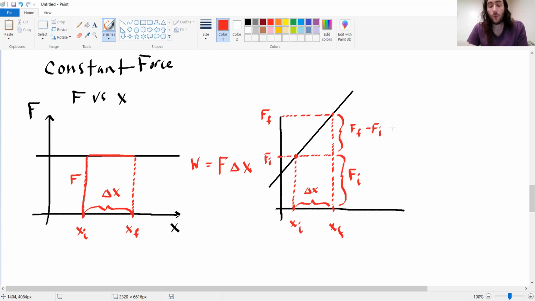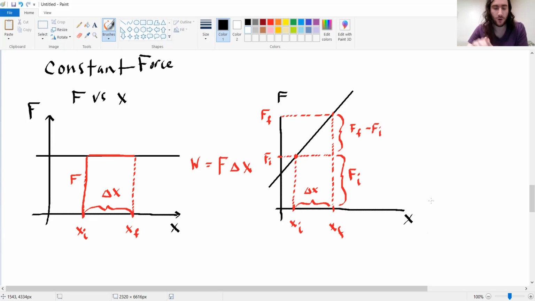And, you know, we won't do anything too complicated in this class, right? We're not going to have some crazy function to calculate the work done on some box. So this is the F axis, the force axis, and this is the position axis. So don't expect any questions where the force is anything more than linear, okay?